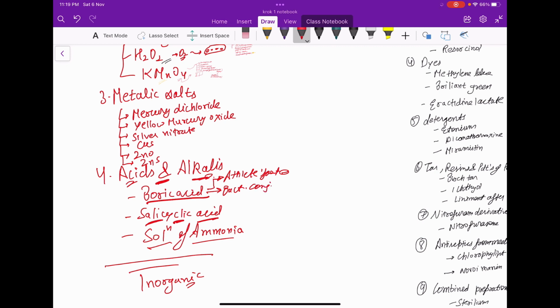Okay, guys, the next one is salicylic acid. It has an antimicrobial action, an anti-inflammatory effect. So let's write down here: antimicrobial, anti-inflammatory effect, and keratolytic action.